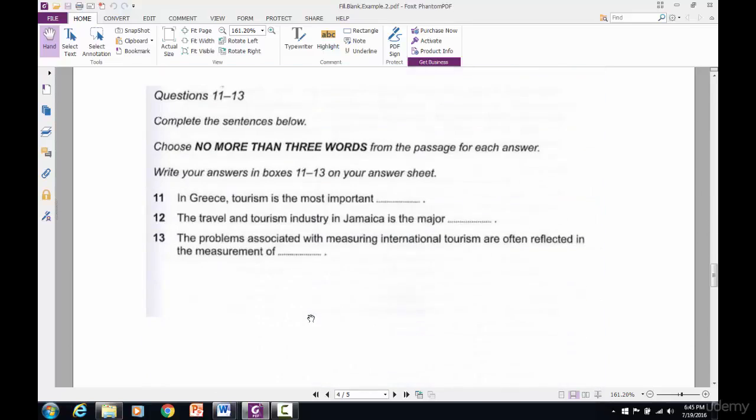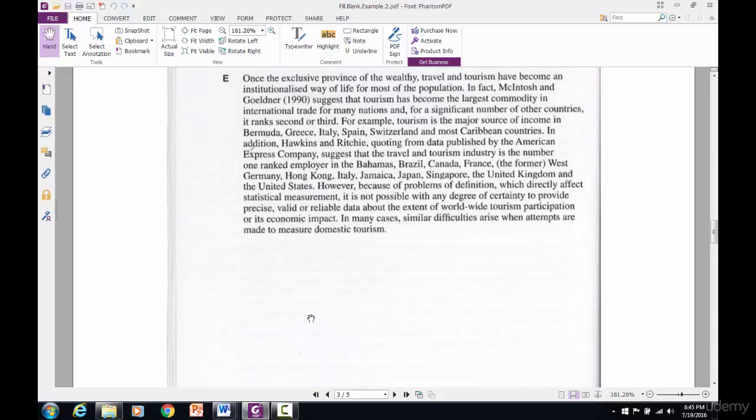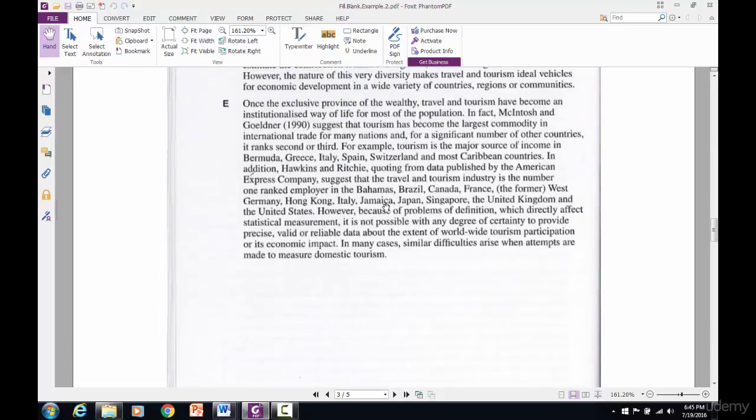All right, and now number 13. The problems associated with measuring international tourism are often reflected in the measurement of. Keywords are problems and international tourism. We know it has to come after the sentence with Jamaica because this is a fill-in-the-blank question and the questions go in order.